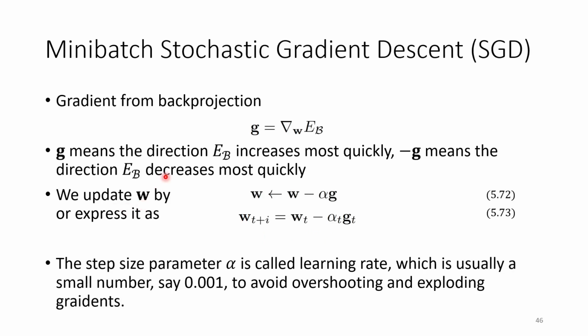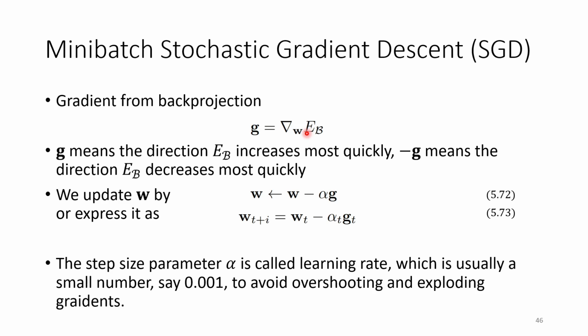The implementation is quite straightforward. First, we calculate the gradient from the back propagation. G is the gradient, and this is our error term from the batch. The batch can be small or large.